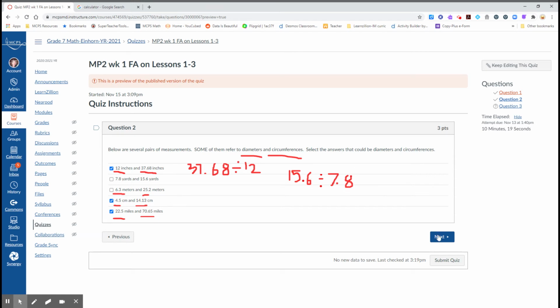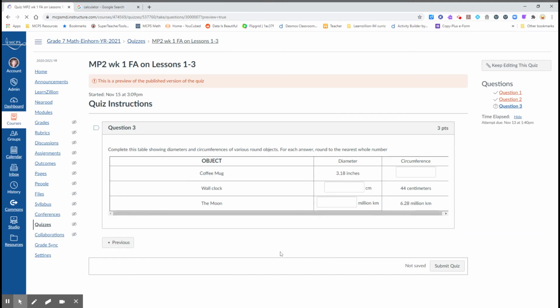Let's check the last one now. For the last one, we have to figure out what the circumference is or what the diameter is. So we know that the constant of proportionality between the diameter and the circumference is pi, or about 3.14.